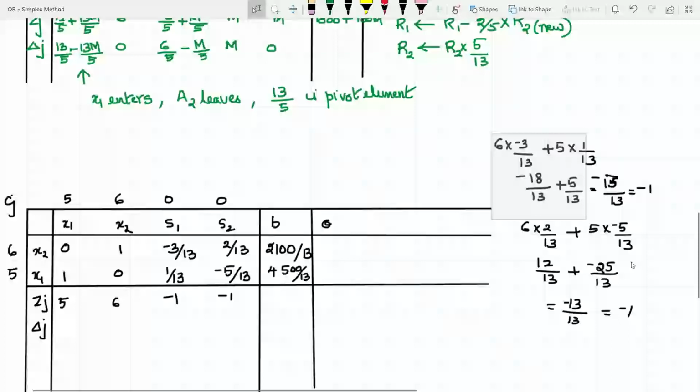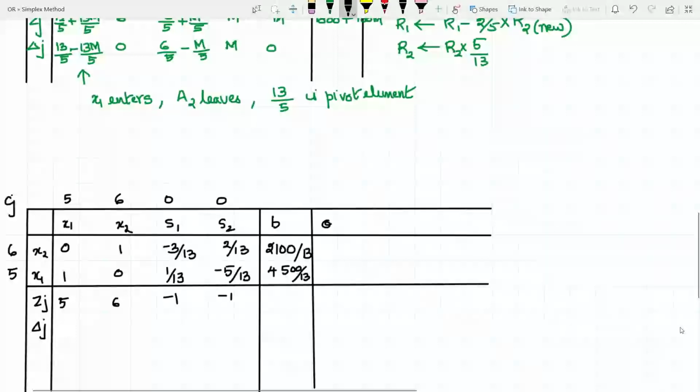Now next you do 6 into 2100 divided by 13 plus 5 into 4500 divided by 13.